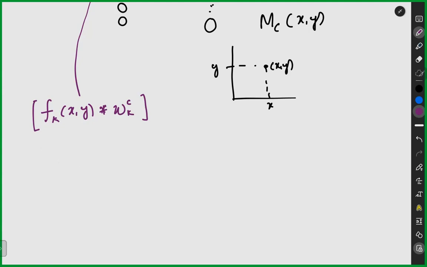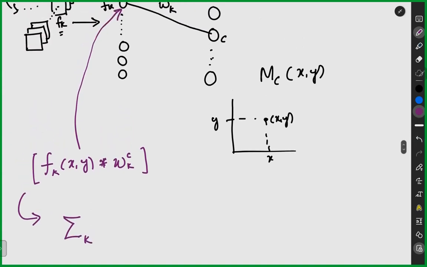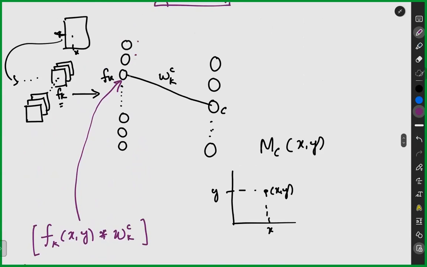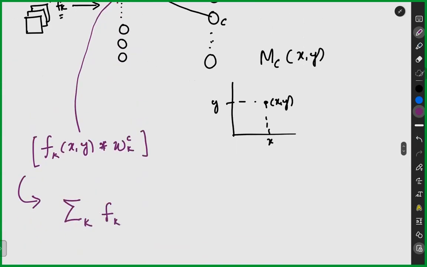So what I will be getting if I do it for the entire K, for each K, there will be a summation. For each K, I'll take FK X and Y, then I'll multiply this with WKC.